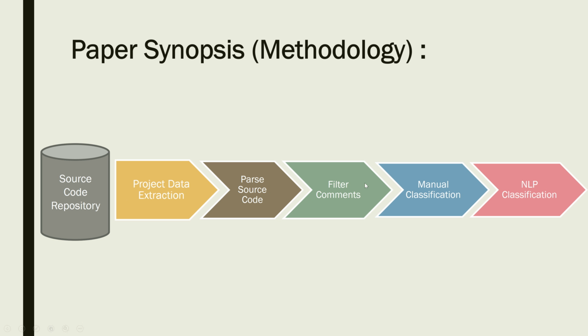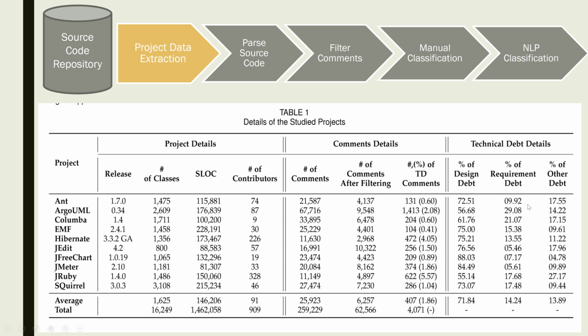After that, they manually classify them into different types of self-admitted technical debt. And lastly, the goal of this paper is to do the classification using natural language processing. This table shows the 10 Java open source projects used in the study, along with the details for each of the projects.